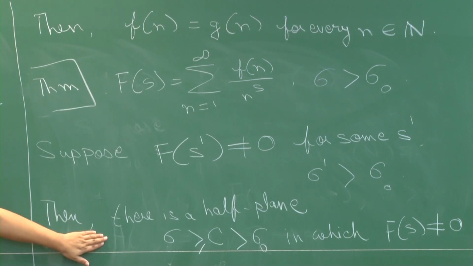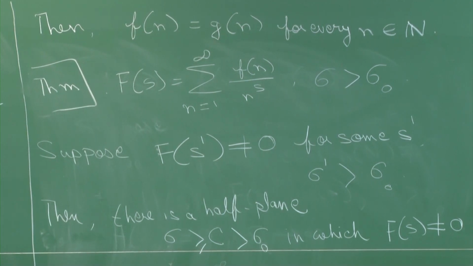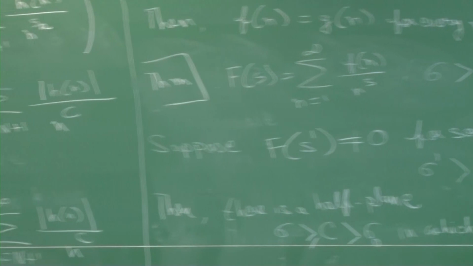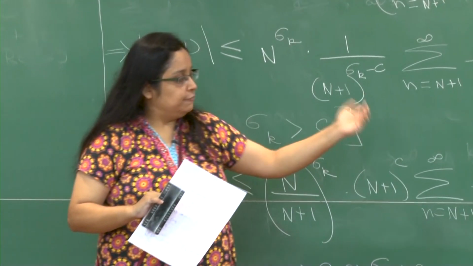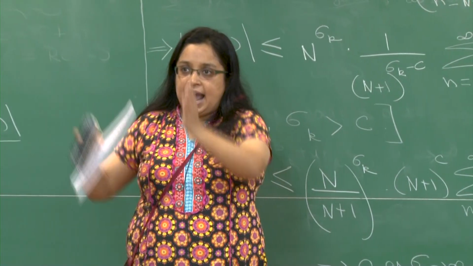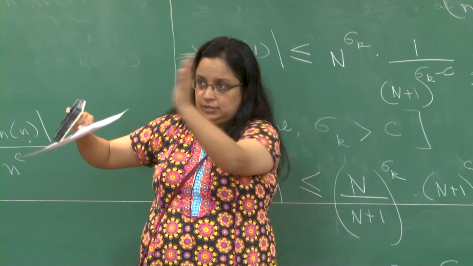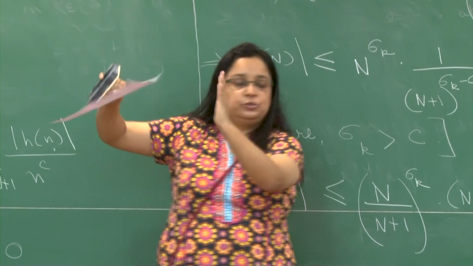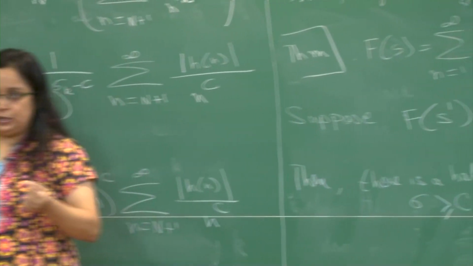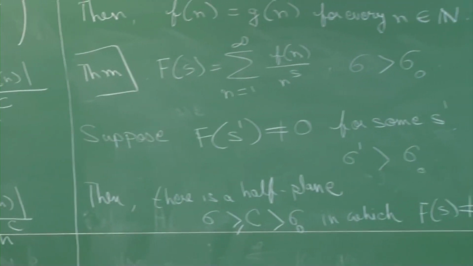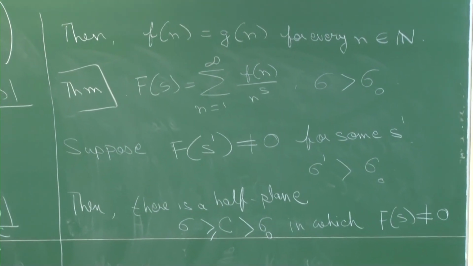Assuming the contrary of what we want to prove means that for every such k you can find some sigma k which is greater than k, and in the half plane to the right of sigma k you have some vanishing point. But your sigma k's are now going to infinity.